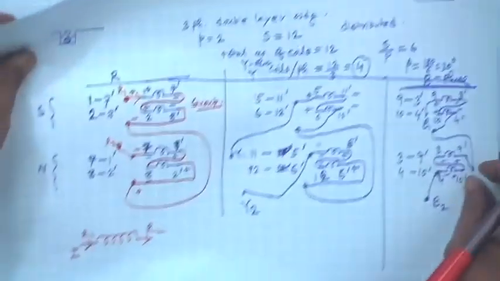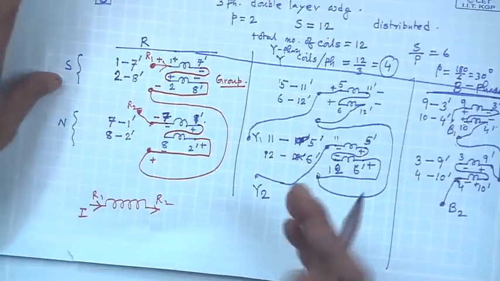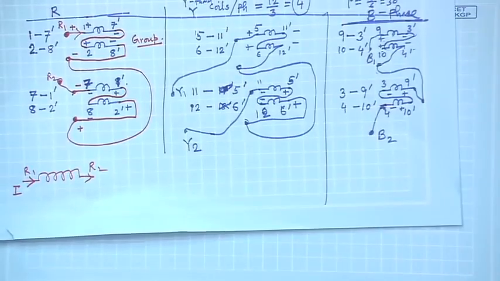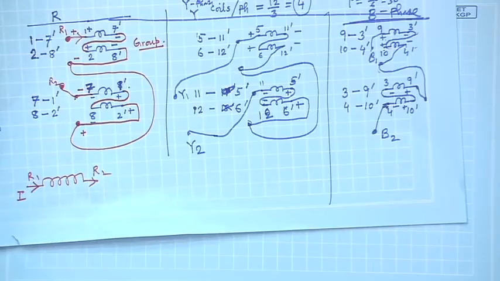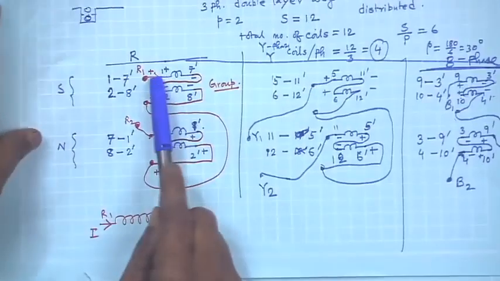Now, for this winding, in terms of the phasor diagram, how will it look, and how do we calculate the distribution factor, because the coils are distributed? Let us see. Listen carefully, this is the winding table.